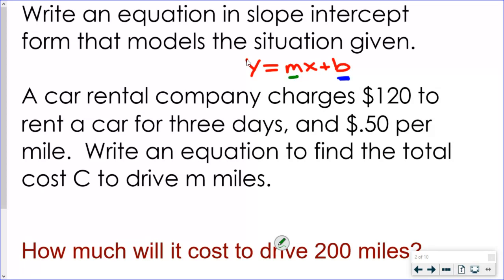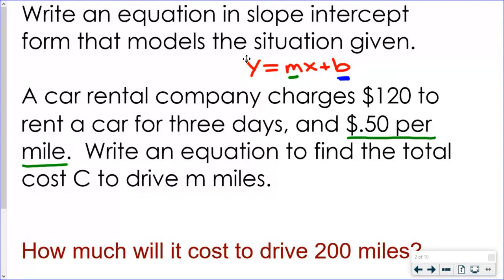The M is when you see the word per. That means your slope, like how much you make per hour. So this should give you an idea of what the slope is. When you see the word per, think M. Now it's a little tricky because we have $120 and the number 3 for days.